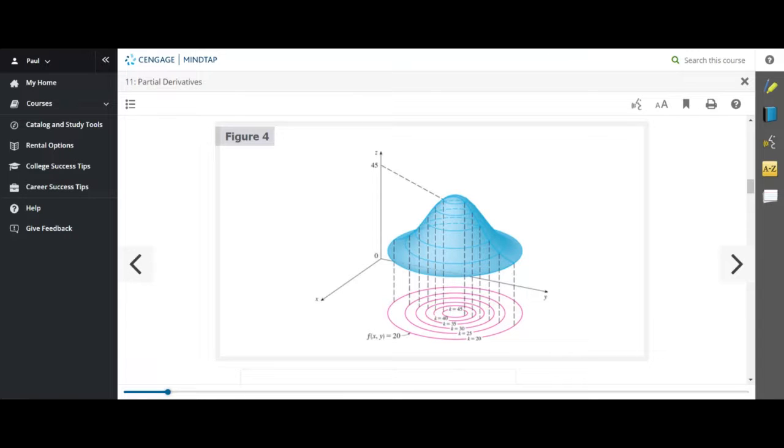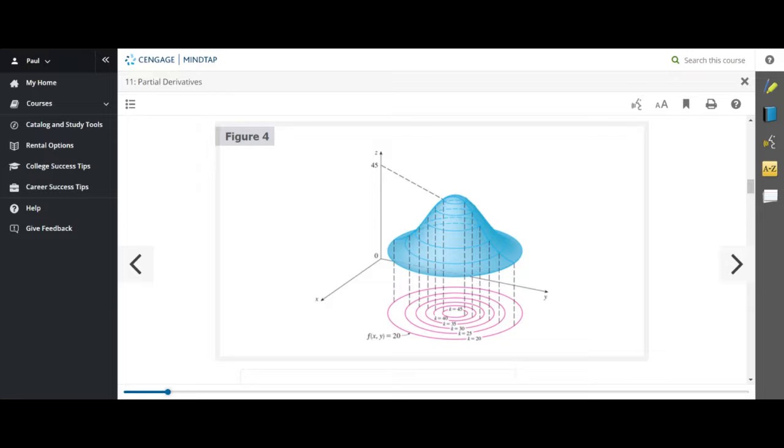That's the bottom level curve, and then the next level curve, look at the red contour plot, would be k equals 25. So the level curve where k equals 20 means you're setting f of x y equal to 20, and all the x y coordinates there have to satisfy that circle or ellipse.